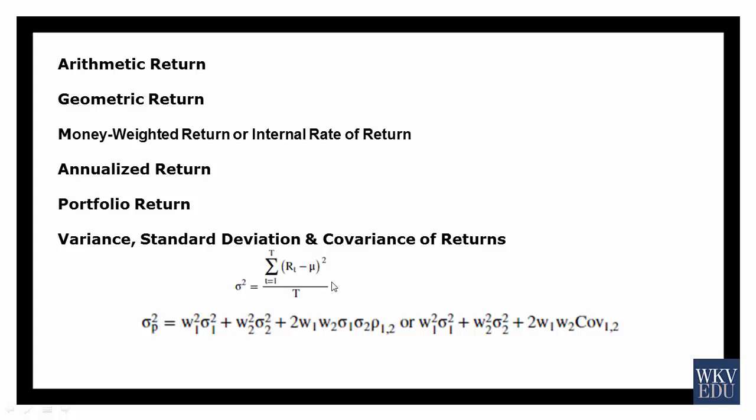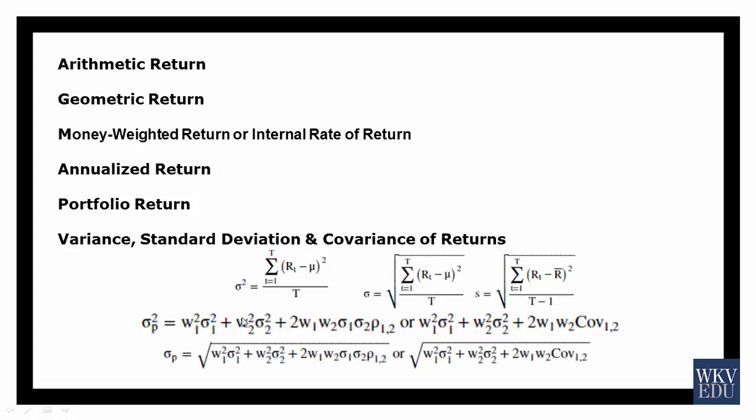We all know that the standard deviation is the root of the variance, and with the help of the formula that we've just seen on the slide, standard deviations can be calculated as follows. This is the population standard deviation, and this will be the sample standard deviation. If we remove the root sign, that is the population variance, and standard deviation can also be calculated using the following formula.